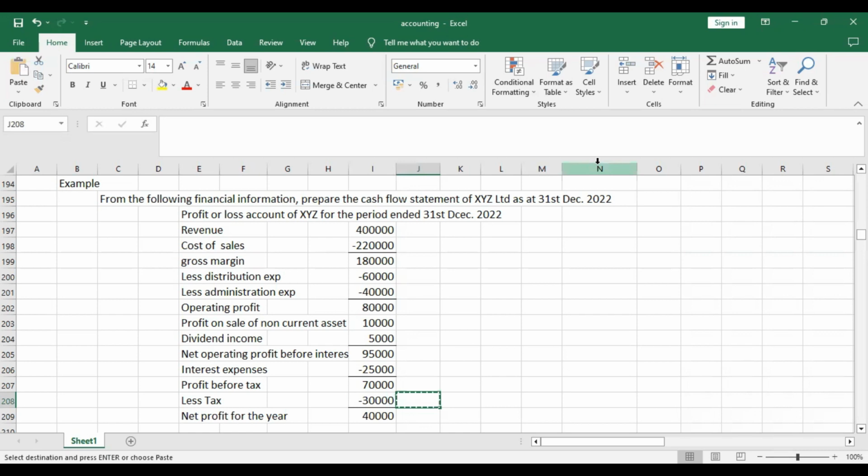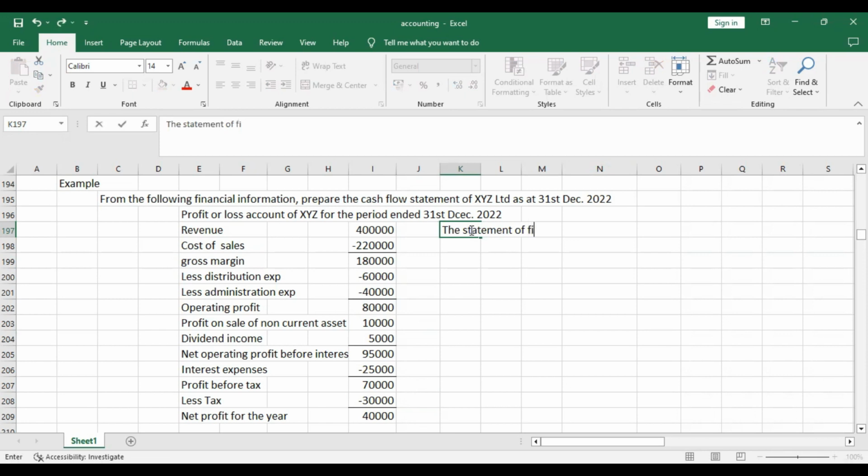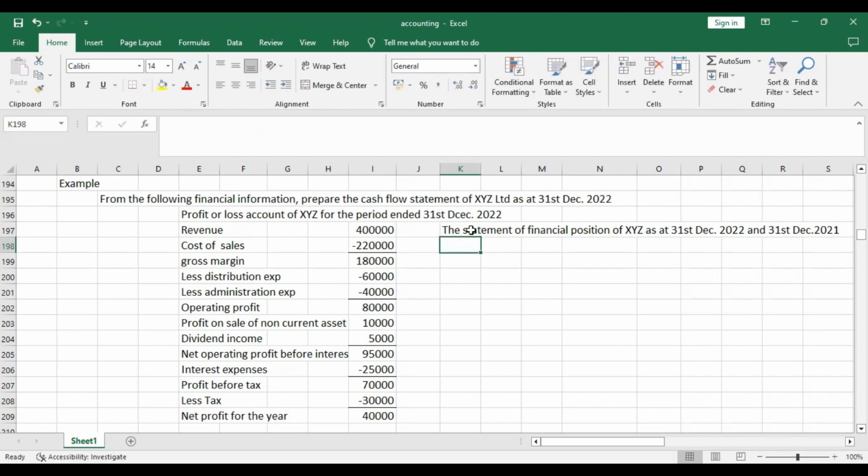Now, by the side of it, you have been given the statement of financial position of XYZ as at 31st December 2022 and 31st December 2021.